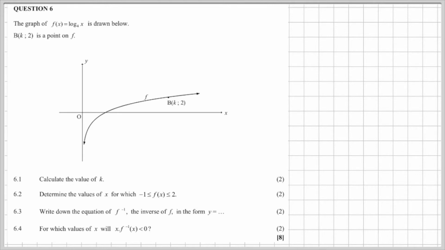When we look at question 6, now question 6 is a lovely question, okay? It has some small little intricate things that we need to know. So I'm going to start by analyzing the graph of y equal to log 4 of x, or f of x equal to log 4 of x.